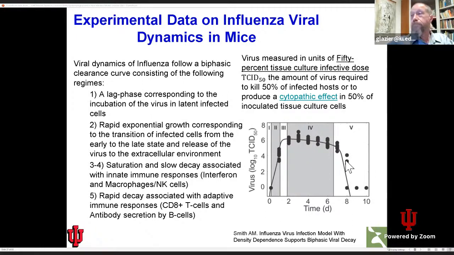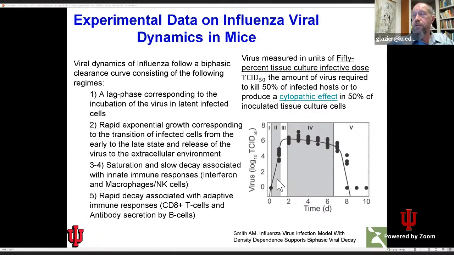But here we are. This is the data set we're going to look at. So we have a measurement at a time that's not quite 0. We see relatively rapid, again, this is, remember, a log scale on the y-axis. So 0 to 4 is a 10,000-fold change in the viral load.